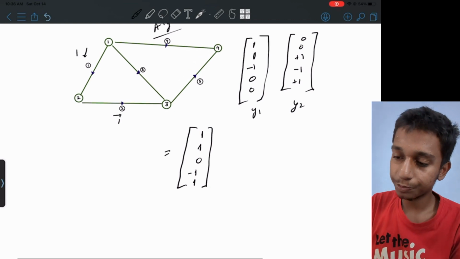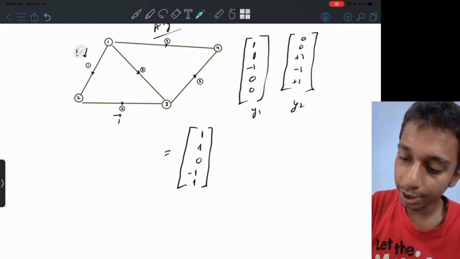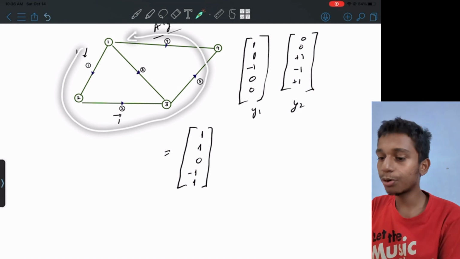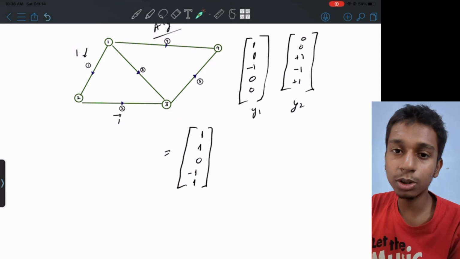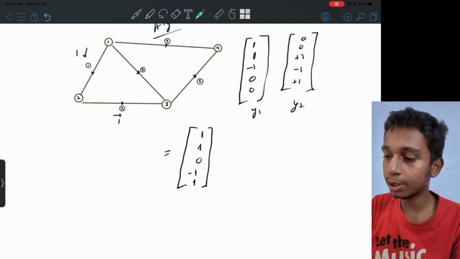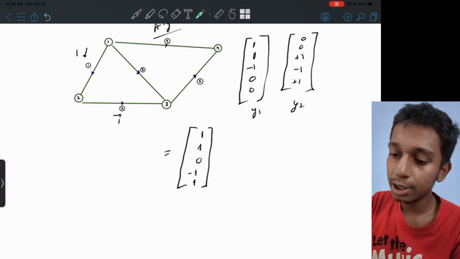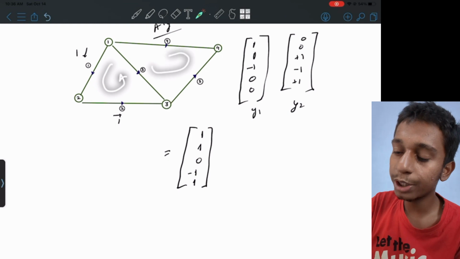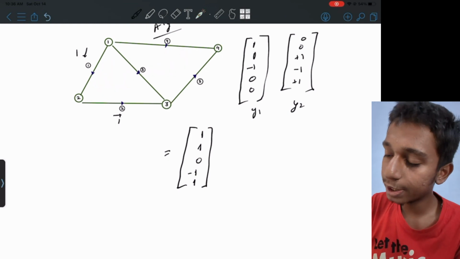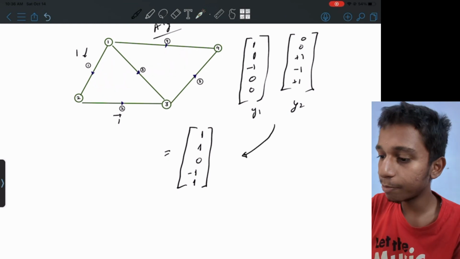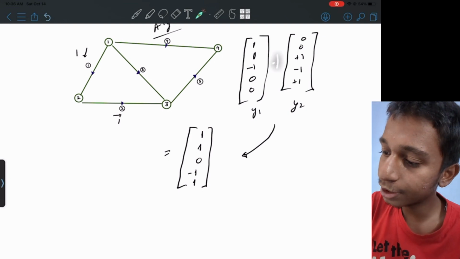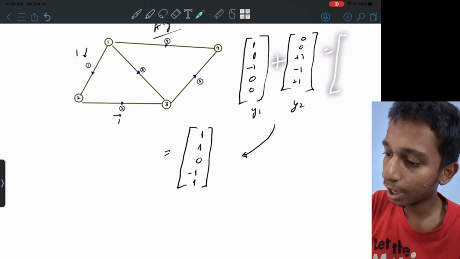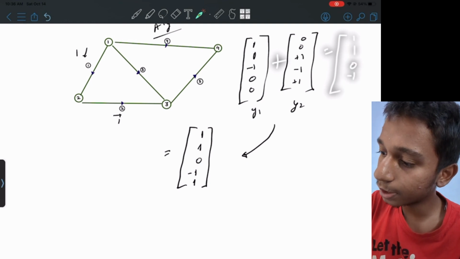So this is what we get if we make a current loop throughout the entire edge and entire outer boundary, which is also a loop or cycle. But what we see here is, since this is a combination of two individual loops, we get the same dependence over here. So suppose if I add these two, so what do I get? I get a 1 1 0 -1 and 1.